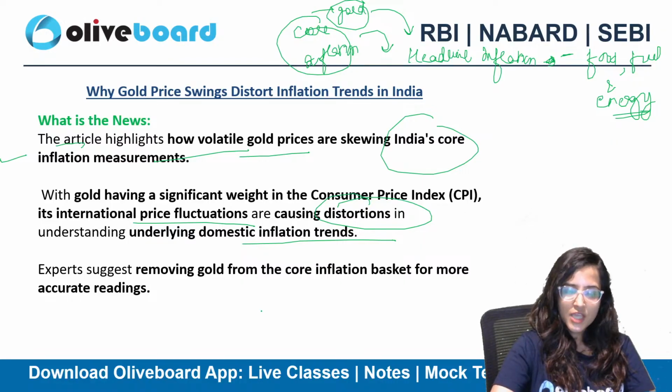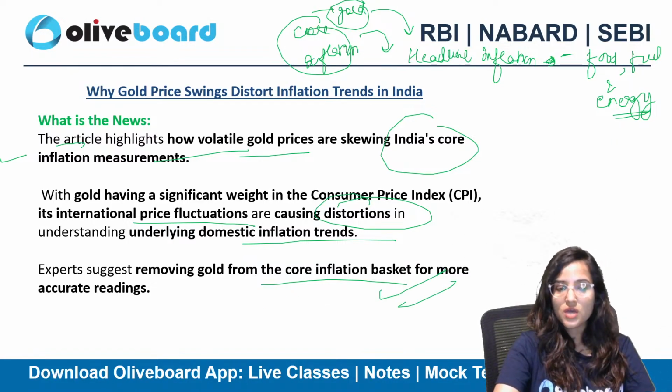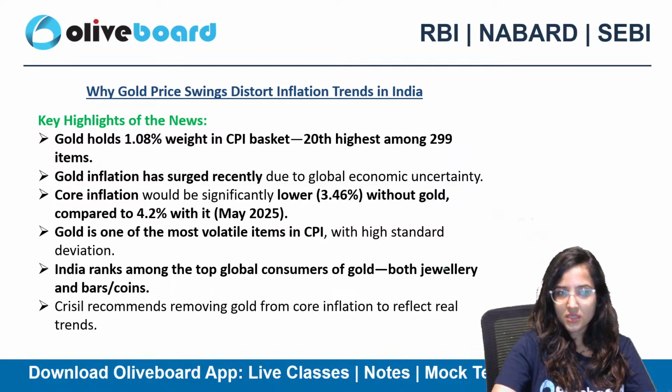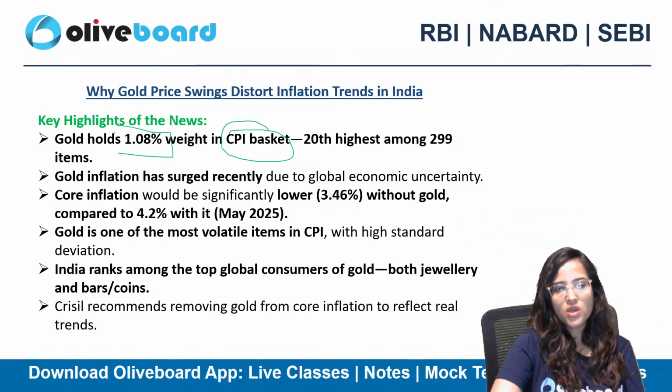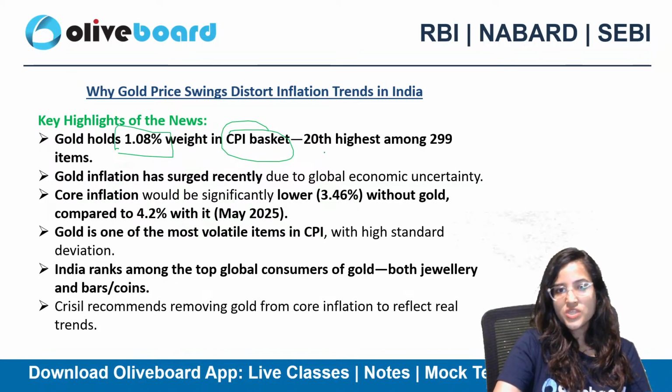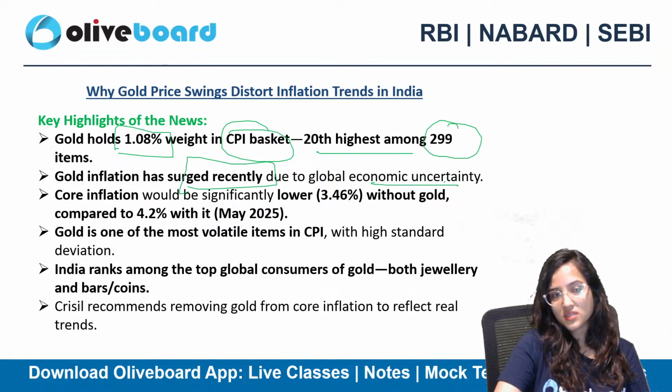Experts are suggesting removing gold from the core inflation basket so that we can have more accurate readings. What is gold's weight in the CPI basket? It is 1.08%, which is 20th highest among 299 items. Gold inflation has surged recently due to global economic uncertainty.